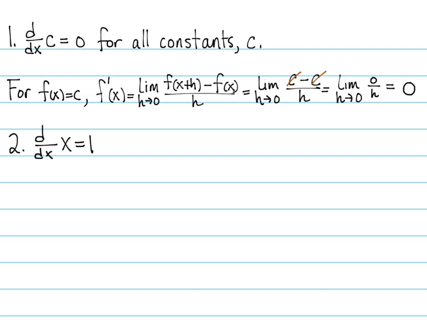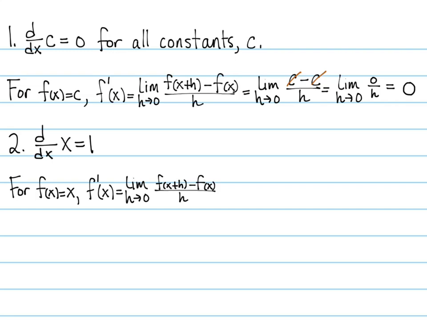Let's do another. The derivative of the function f of x equals x is 1. Well, looking at f of x equals x, f prime of x is just the limit of f of x plus h minus f of x over h as h goes to 0. Again, we can just plug in x plus h and x for our function.